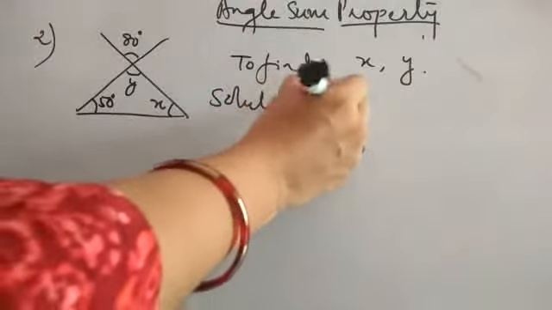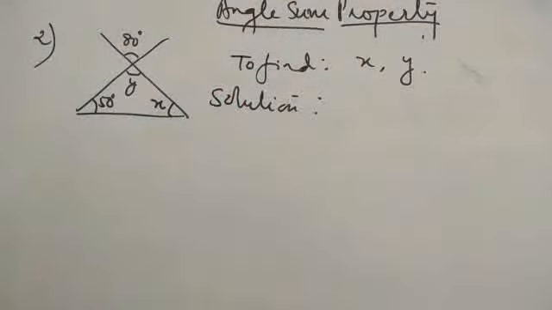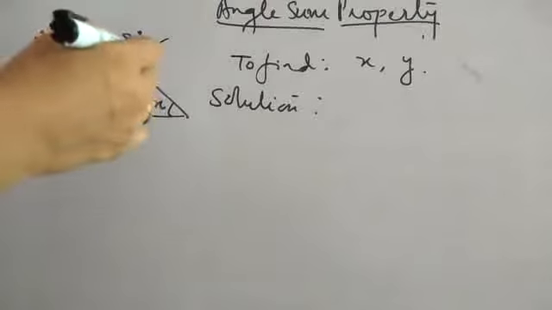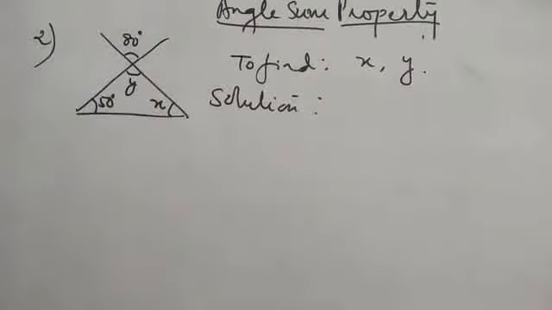Now once you study the properties, you know linear pair, you know angle sum, you know exterior angle, you can apply the other properties also which you already know. Now you can see that 80 and angle y, what kind of angles are these?